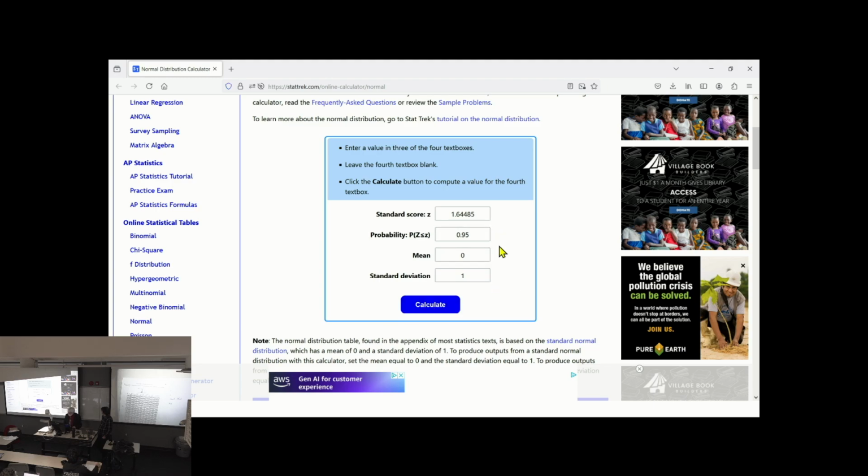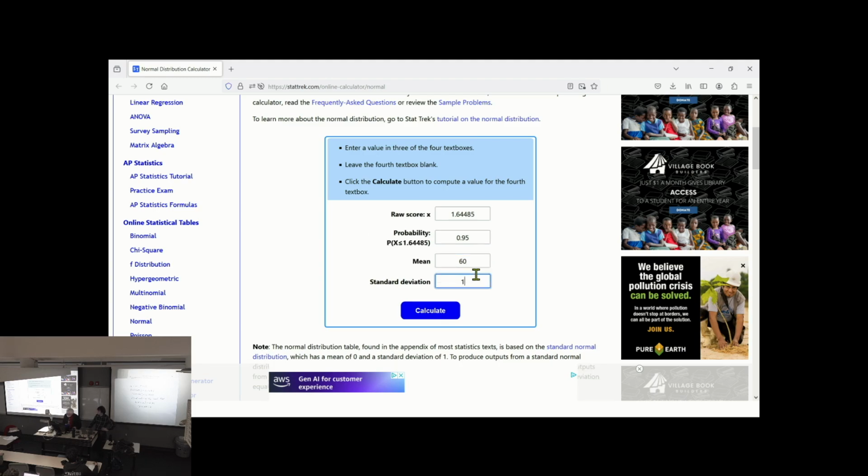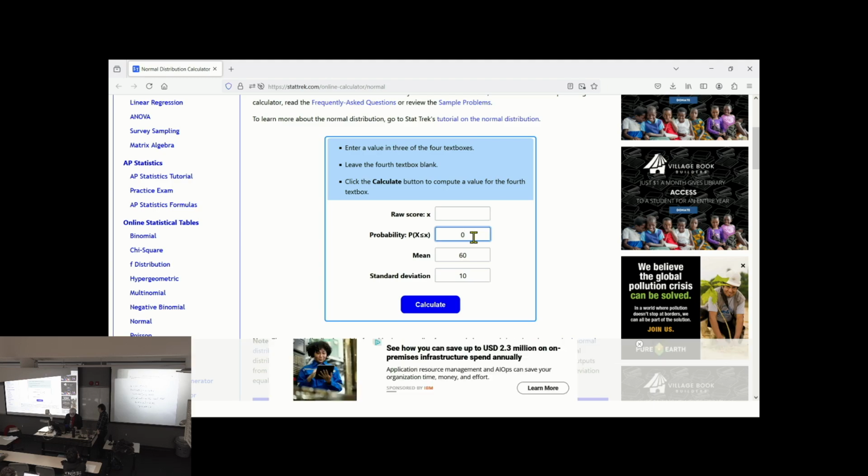So you can use that, but it also allows you to change the mean and standard deviation. For the questions we worked out the other day with a mean of 60 and a standard deviation of 10, our first question was the probability x is greater than 65.